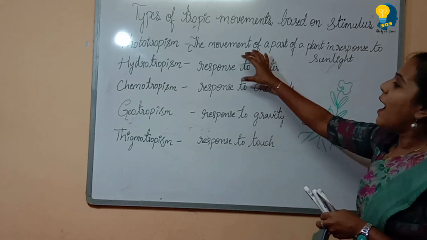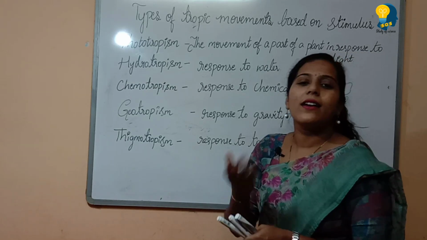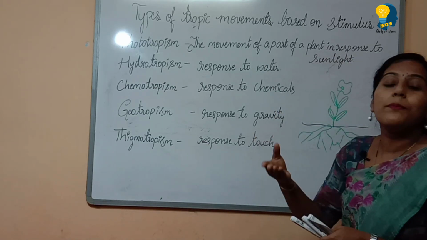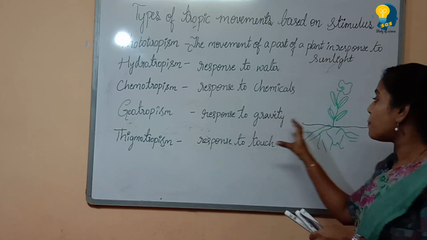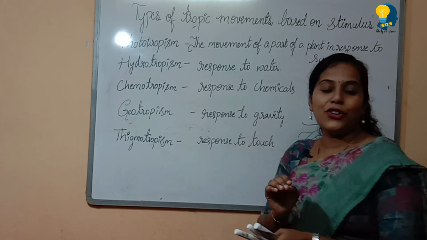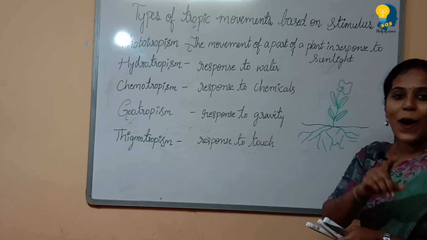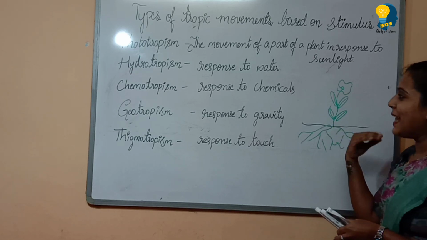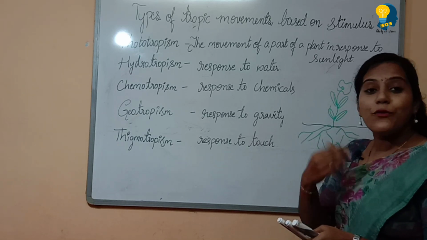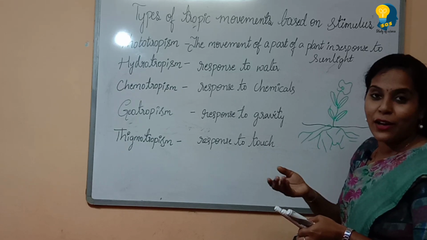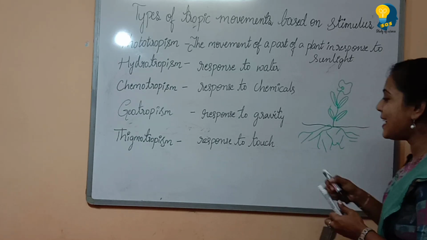Okay, so now hydrotropism. You all know what hydrotropism is. Then what is positive hydrotropism? Which part of the plant is showing positive hydrotropism? Obviously, it is the root.